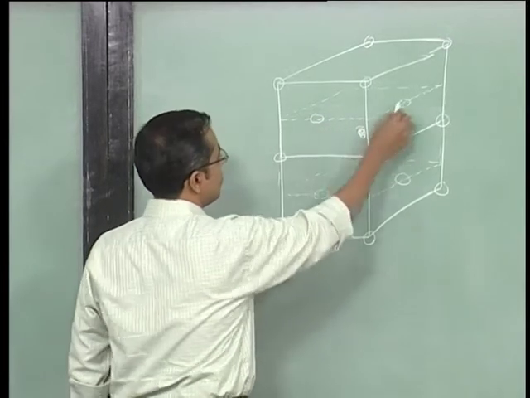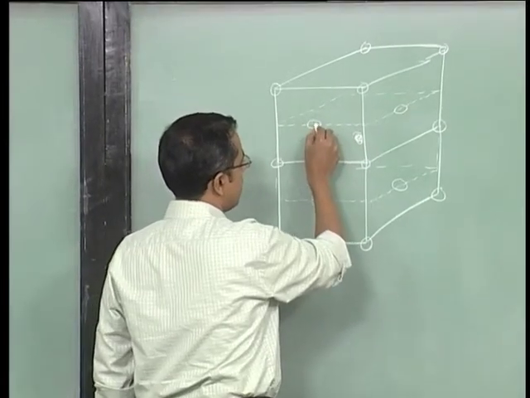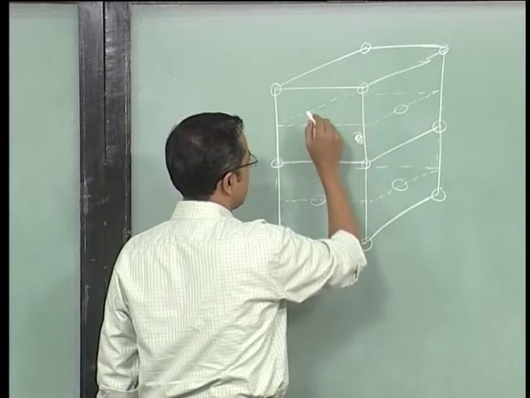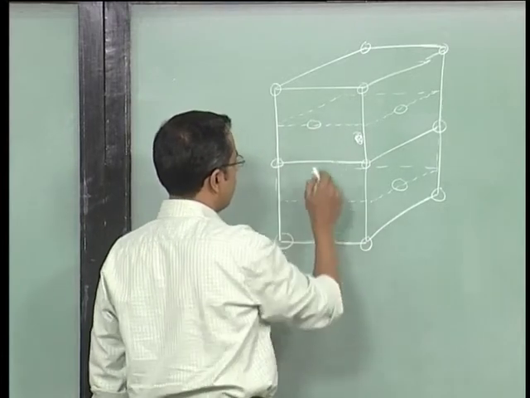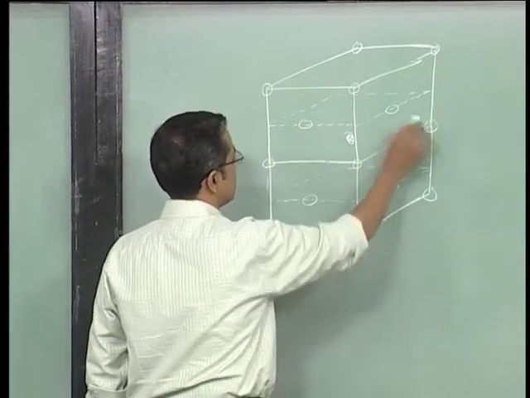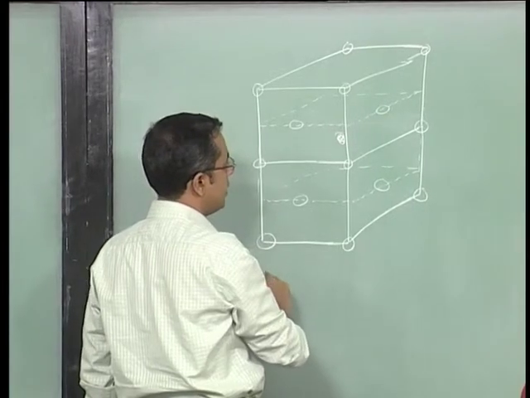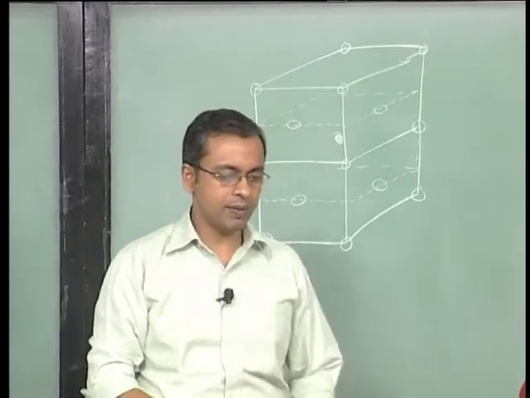Therefore, if you do this, you will have lattice points in the middle of the diagram, on top, at the bottom, and at the corners. That is basically what you will see in our diagram here.